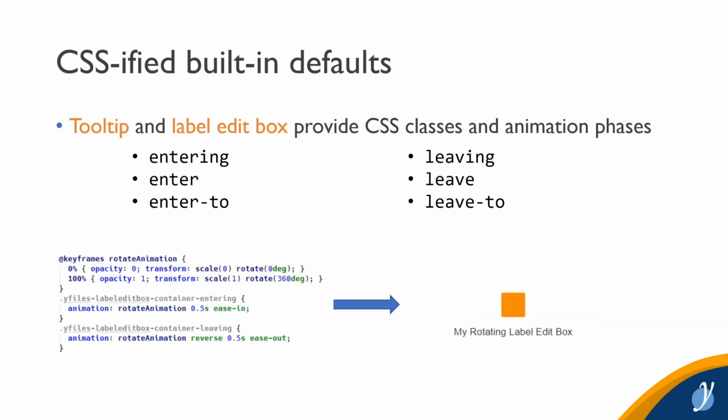With the CSS extensions, we also added CSS3 animations and transitions to some of the integrated UI elements, most notably the tooltip and the label editing box. This works similarly to how animations are implemented, for example, in Vue.js, and is very easy to customize.